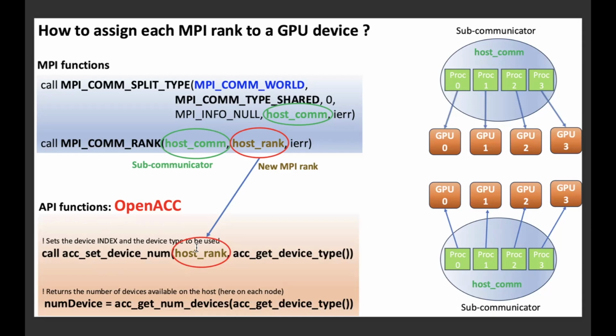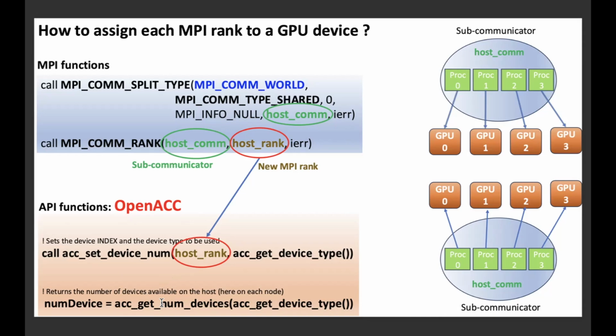This is how we ensure that each process will be connected to, or will copy data to, a specific GPU, so we won't get a situation where multiple processes run on the same GPU. We also have an additional function that tells you how many GPUs are available within the same compute node. So this is the syntax of how to assign each MPI rank to a GPU device.